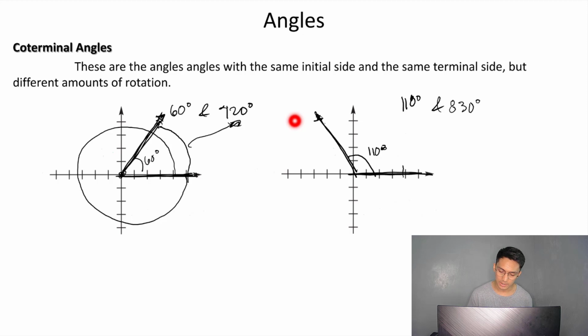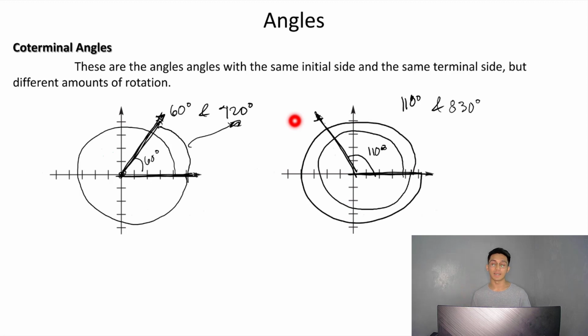So, from here, rotate, naka 360 na tayo. Kaya lang, 830 kasi pinag-uusapan natin. So, add another 360 rotation. Rotate. Meron na tayong 720 degrees and another, aabot na tayo dito sa 110 degrees. Ito ngayon yung ating 830 degree na angle. Itong rotation na to na nakadalawang rotation and then umabot siya dito. Ibig sabihin, 110 degrees and the angle 830 degrees have the same initial and terminal side. So therefore, they are coterminal angles. So that's how it works.